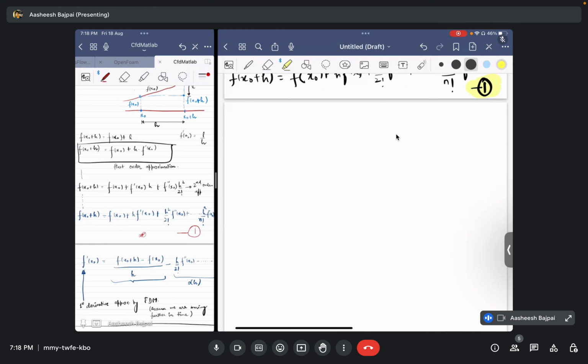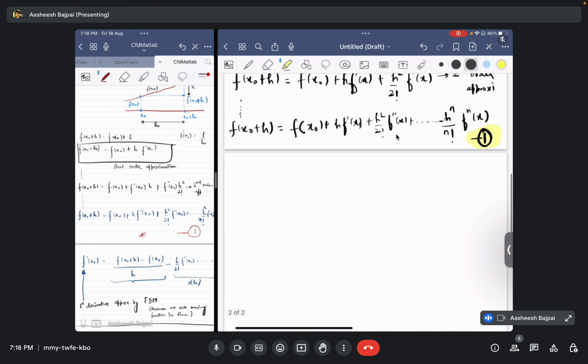Now comes how to calculate that f dash x naught. How to calculate f dash x? So f dash x naught is equal to, from f(x naught plus h), we want to continue and calculate.